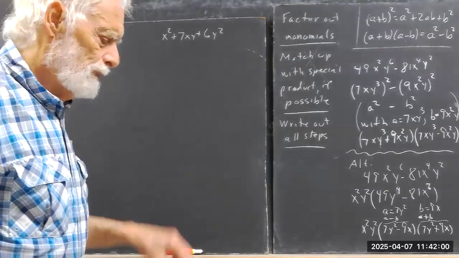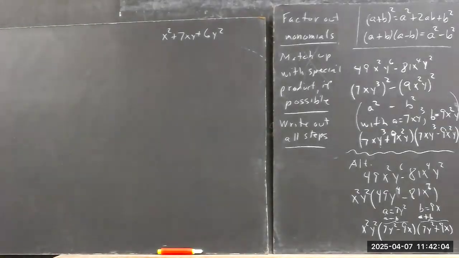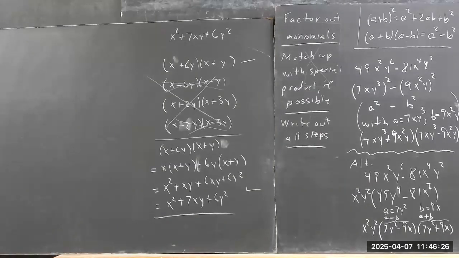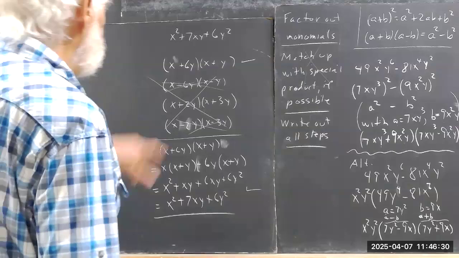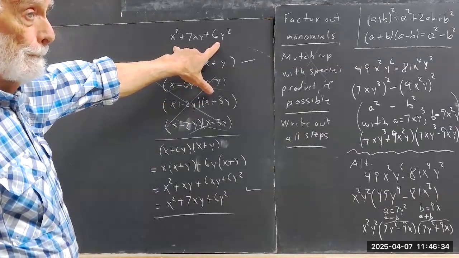Actually, let me check something. I've rearranged the order of assignments so many times due to the interruptions we've had that I'm not even sure what the sequence is. Quickly to recapitulate, because I wasn't recording that. We have x squared plus 7xy plus 6y squared.